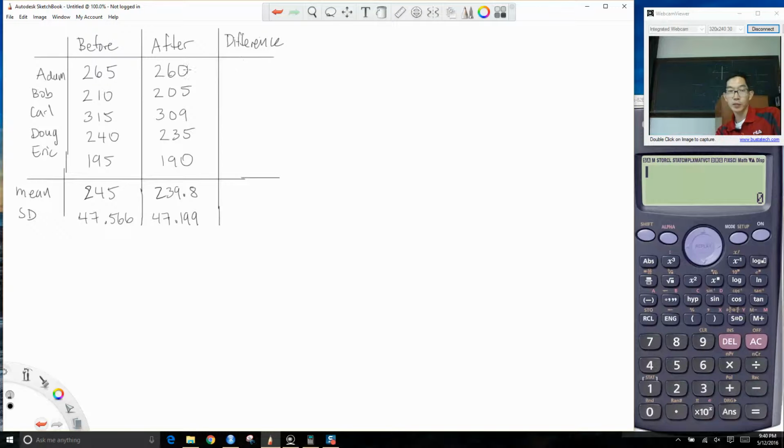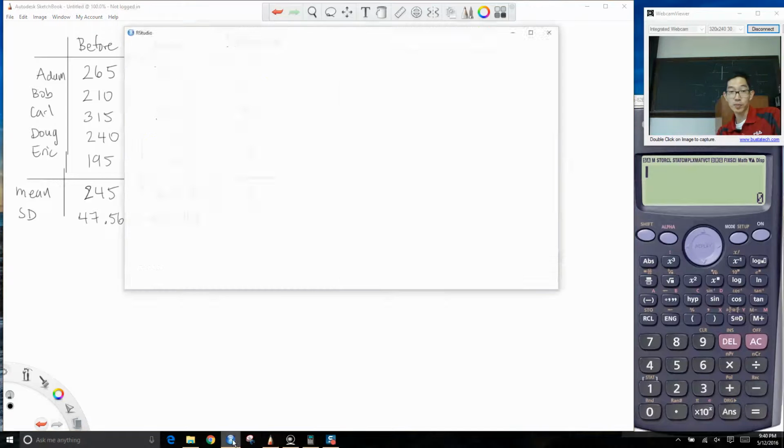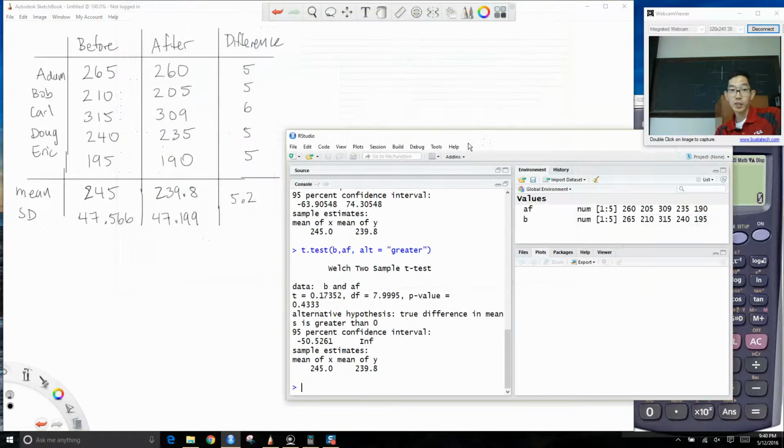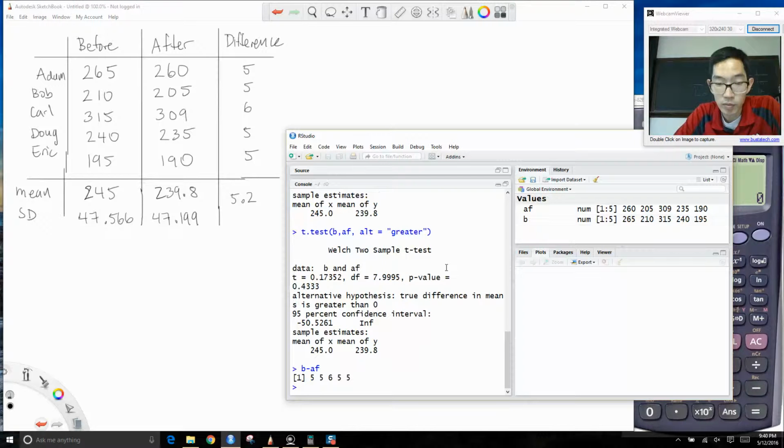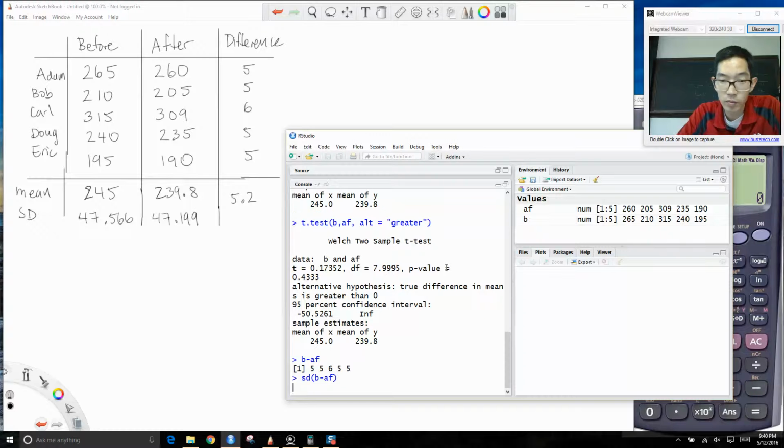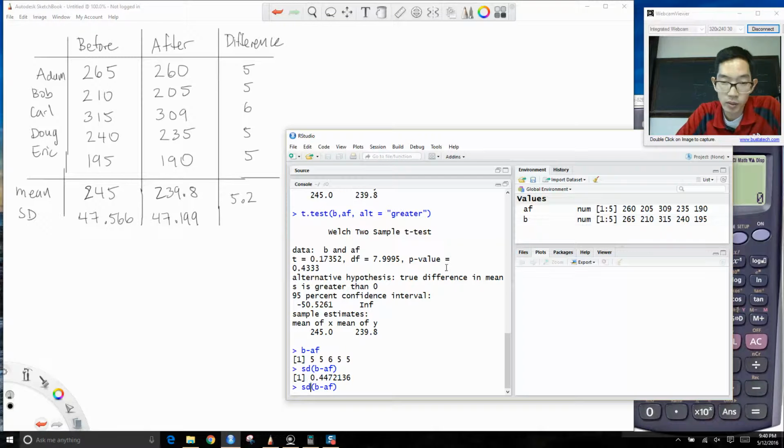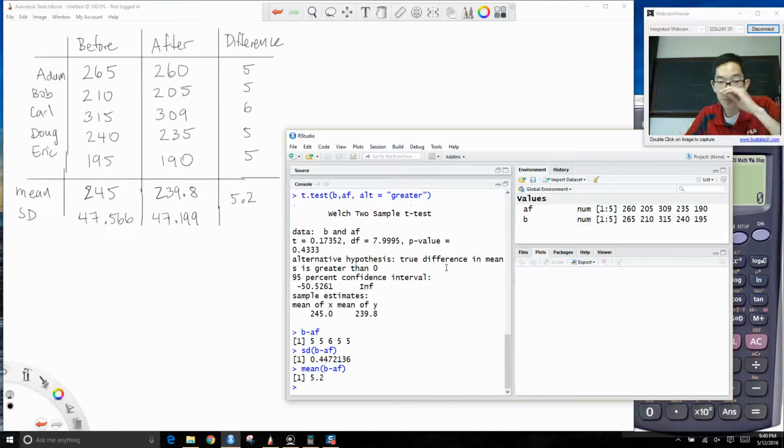And then we do before minus after, and we get 5, 5, 6, 5, and 5, okay? And so the mean is going to be 5.2. And then the standard deviation, I should just make sure that the mean is 5.2, and the standard deviation is 0.447.